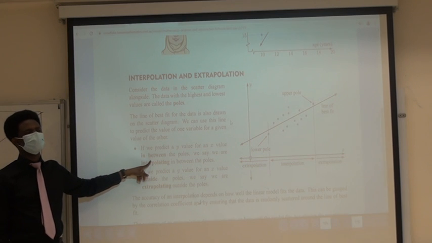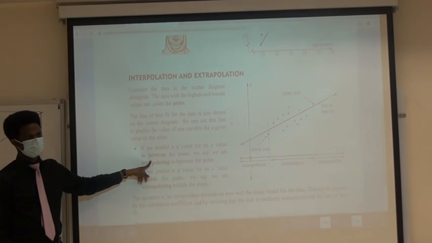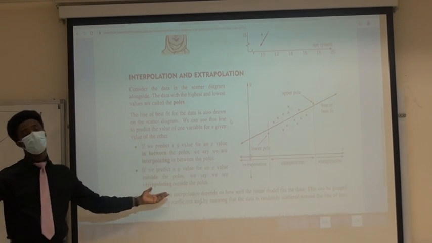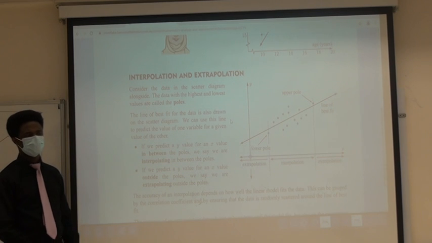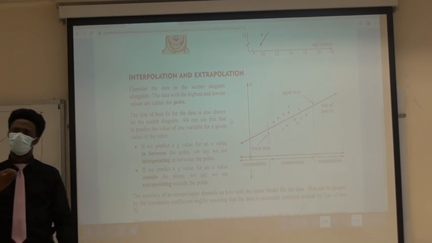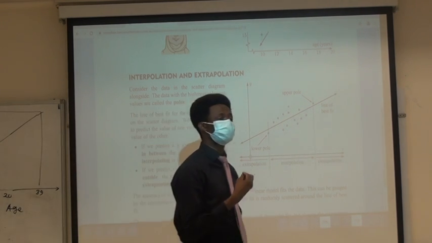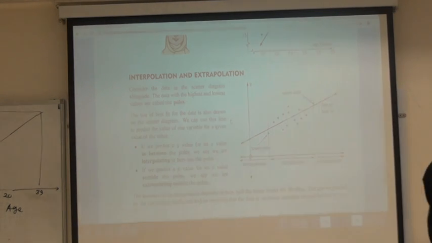So we call that process interpolation. But if you predict outside the pole, then you are extrapolating. So the process is extrapolation. So extrapolation is when we predict outside the observed value.